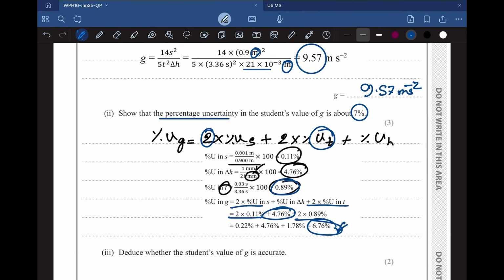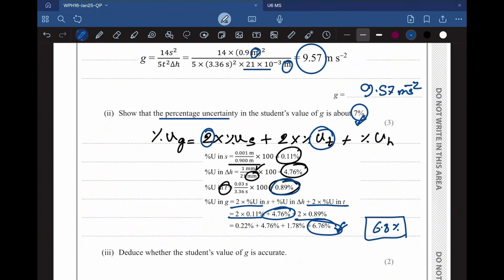This is going to be our percentage uncertainty value, and it is matching the one they have asked us to show. So we can write our answer in 2SF, or minimum 2SF, so it is going to be 6.8%.